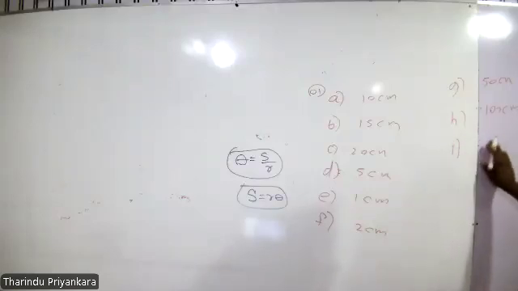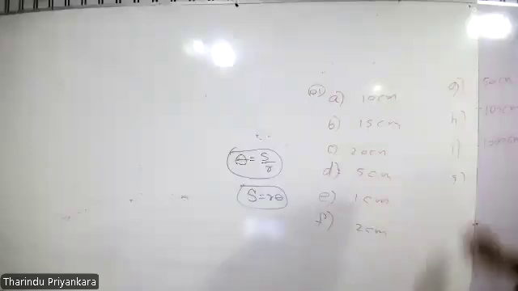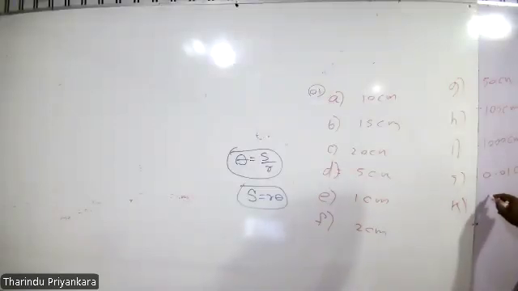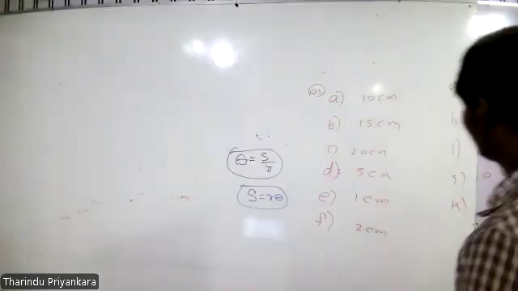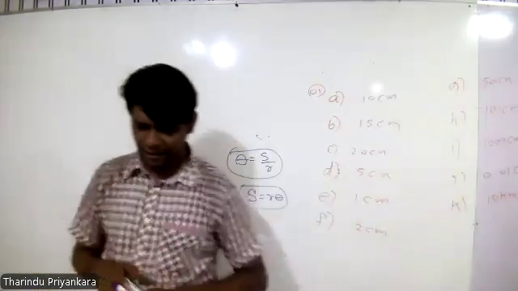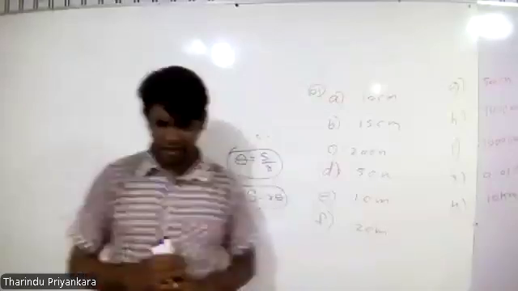I is like 1000 centimeter. J is 0.01 centimeter. K is like 10 kilometer. Okay. Now find the angle in radian.